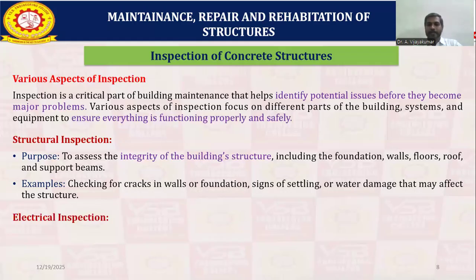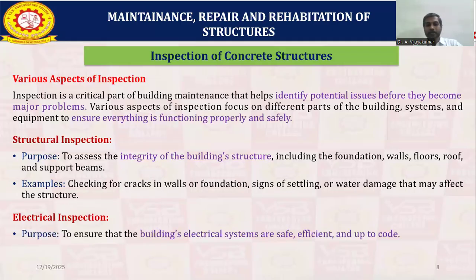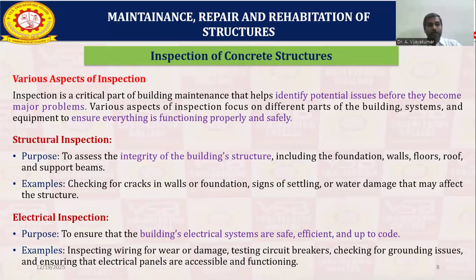Next, we need to do the electrical inspection, to ensure that the building's electrical systems are safe, efficient and up to code requirements. That means inspecting the wiring for wear or damage. After many years, more than 15 or 20 years, some of the wires will definitely get damaged. Power fluctuation or an initial shock in the building may also happen, so wiring systems can be damaged.